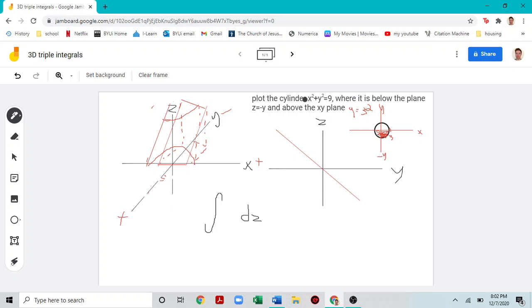Because the cylinder doesn't really bound it from the top, nor really the bottom, honestly. What really bounds it is this xy plane, because that's the lowest z value it's going to go. And the highest it's going to go is up here, z equals negative y. So whenever there's the z, I'm going to make sure we put this, z equals.